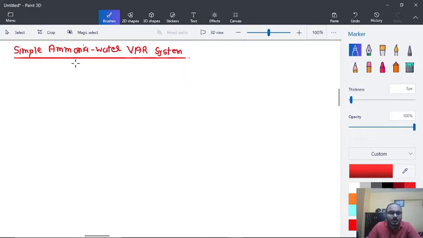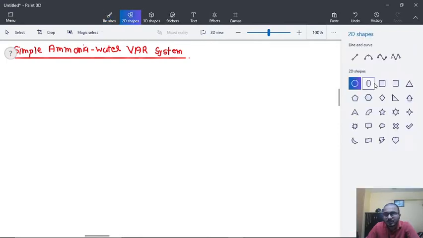Okay, so this is simple ammonia water vapor absorption system. So here let's draw the figure first. I will be taking some time while drawing this figure, so be patient while I am completing this figure. I will try my best to complete it as soon as possible.